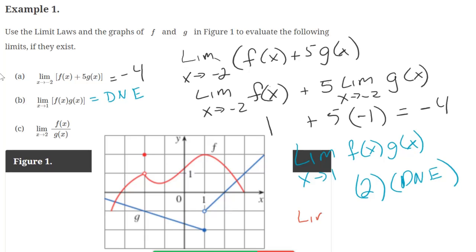And then the last one was the limit as x goes to 2 of f of x divided by g of x. So we're looking at going to 2. So f of x is, let's say, 1.5, and g of x is 0.